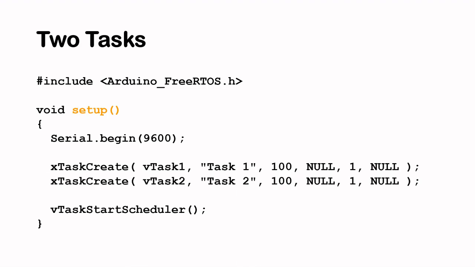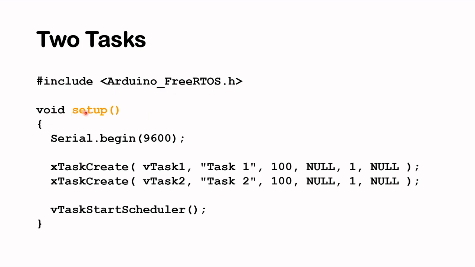Creating two tasks. Here's the code for creating two tasks, and as with the previous example, we need to include the Arduino_FreeRTOS.h header file.